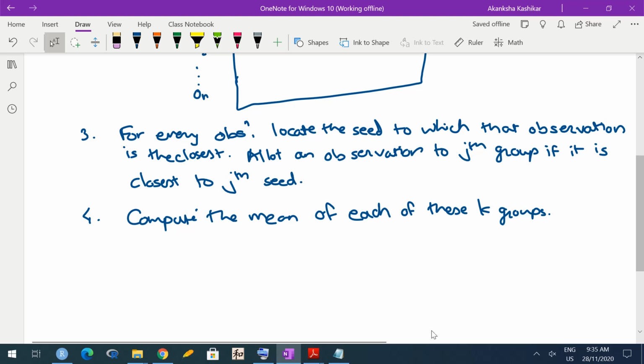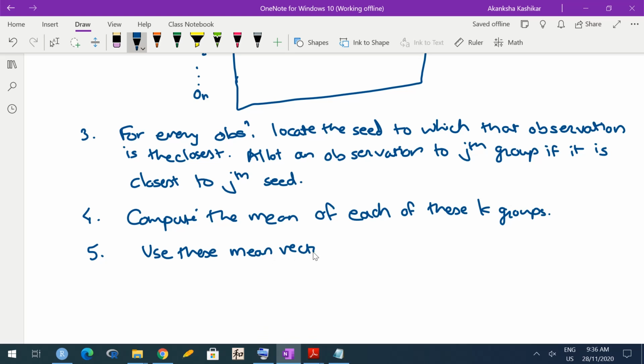So use these mean vectors as new seeds, and then repeat steps 2 to... okay, let me write this as a separate step.